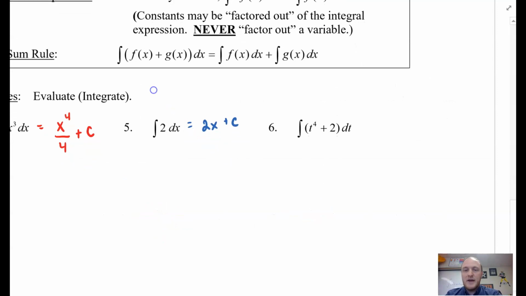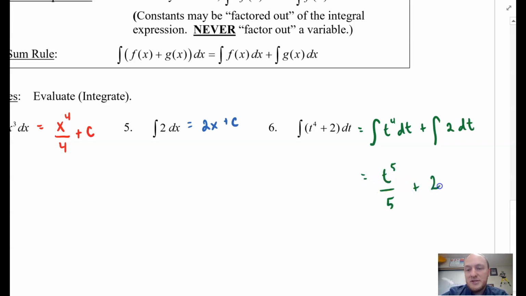I can rewrite this as the integral of t to the power of 4 dt plus the integral of 2 dt. This gives us t to the 5th divided by 5 plus 2t, plus c.